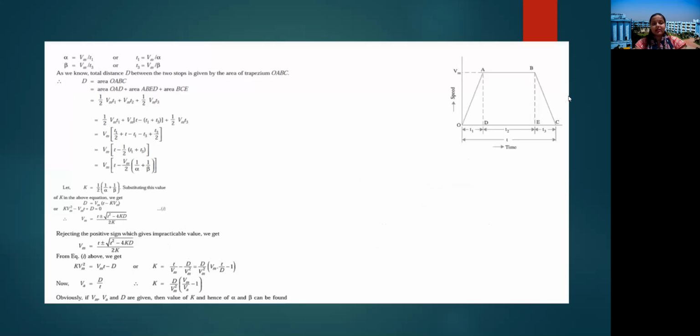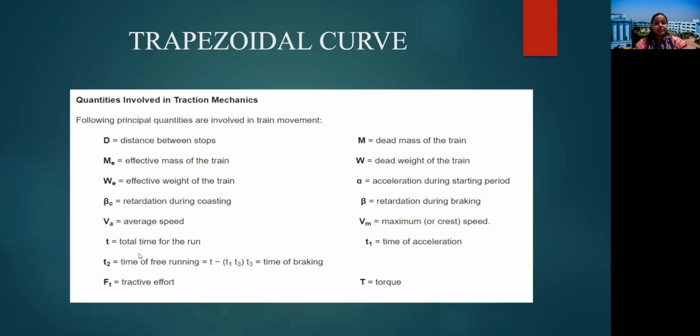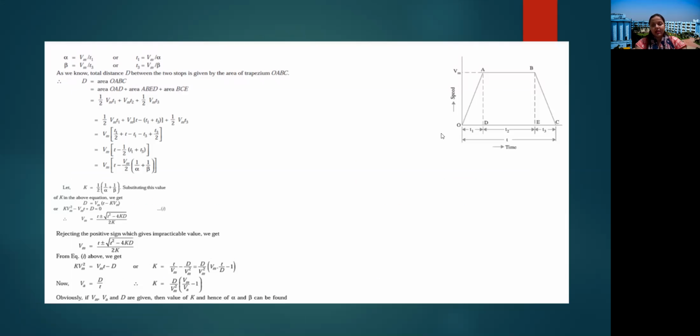So let us first see the diagram. This is the simplified trapezoidal curve where T1 is the acceleration time, T3 is the retardation time, and T2 is the time of free run, so T2 will be the total time T minus T1 minus T3.